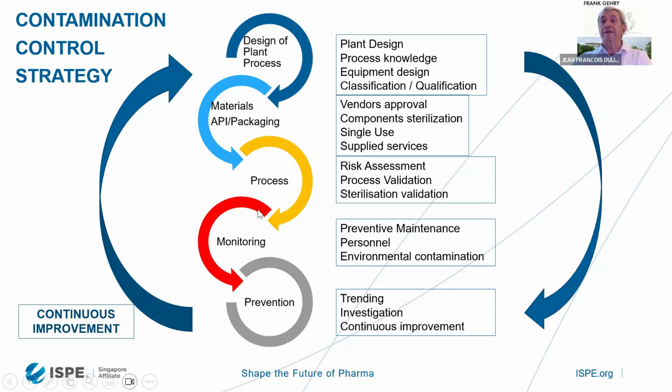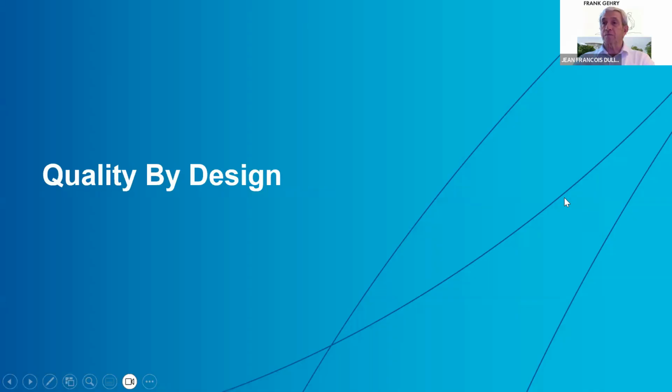And all this data needs to be analyzed from time to time to make prevention plans, and this drives us to continuous improvement, could drive us as well to corrective action and preventive action, and this makes a virtuous circle for these processes.